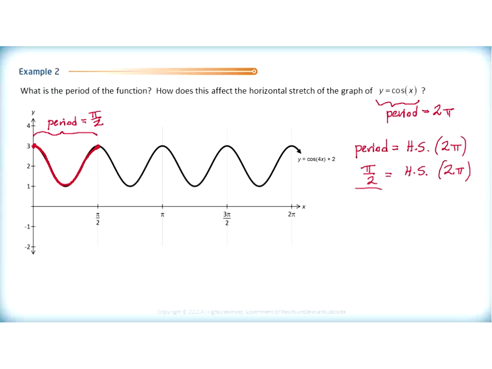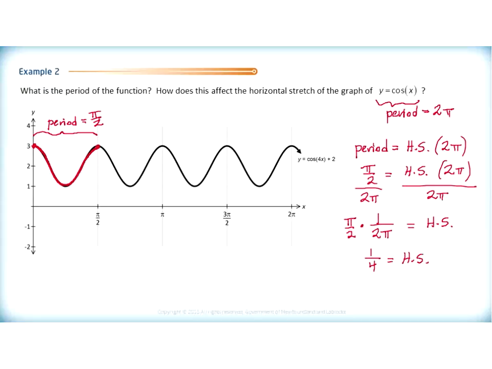In order to determine the horizontal stretch, you could divide both sides of the equation by 2 pi. So pi over 2 multiplied by the reciprocal of 2 pi, which is 1 over 2 pi, will give us the horizontal stretch. Note that the pi's will cancel, and you're left with 1 over 4 is equal to the horizontal stretch.